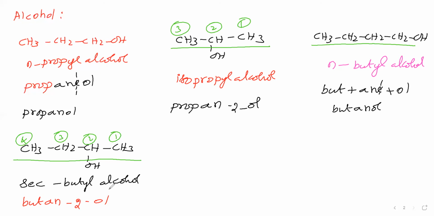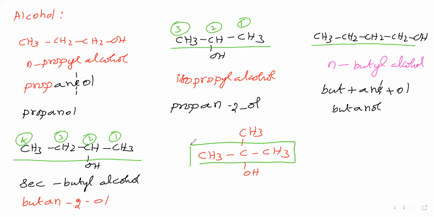Okay. Next we will take CH3, C, CH3, CH3, OH. This compound we will take. For this name, here we have selected the parent chain like this. Then we give the numbering: here number 1, here number 2, here number 3.